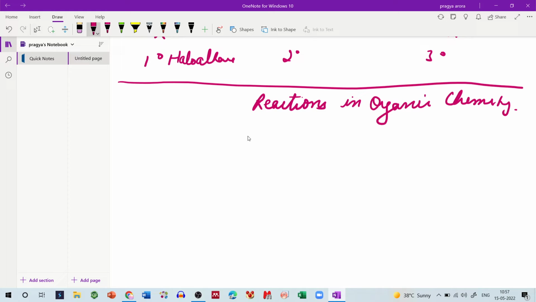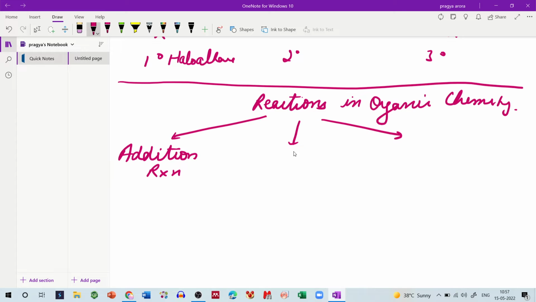Various types of reactions can occur. Majorly, we can divide organic chemistry reactions into three types. First one is addition reaction. Second one is substitution reaction. Third one is elimination reaction.